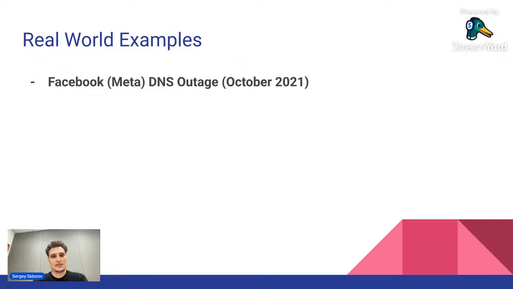Few examples from industry. The Facebook DNS outage that happened in 2021. It was maybe not simple, but quite a clear misconfiguration in the backbone router system after one of the changes, and it took down Facebook, Instagram, WhatsApp, and other products globally, worldwide.